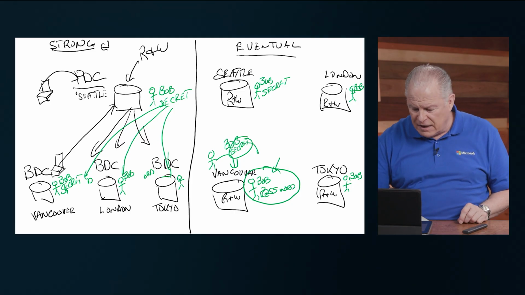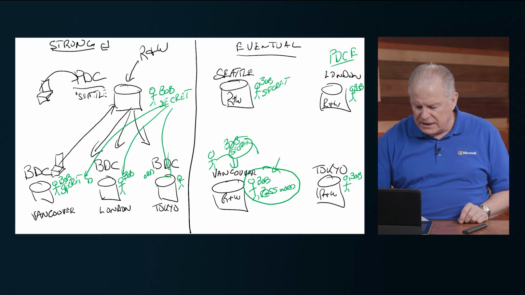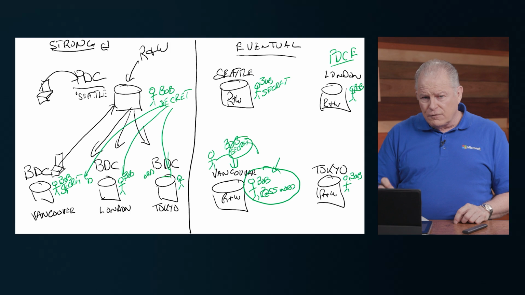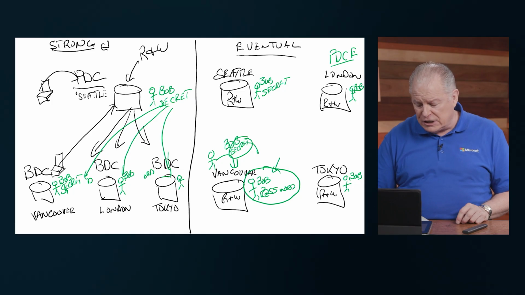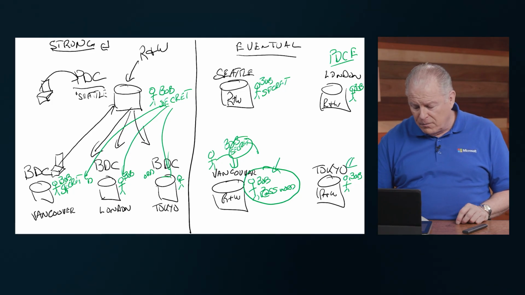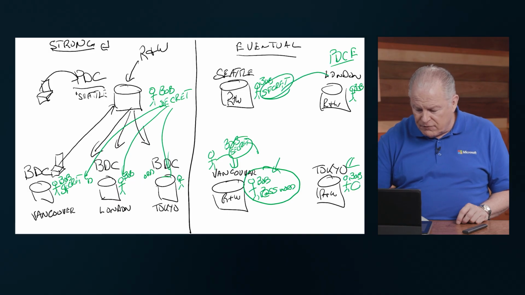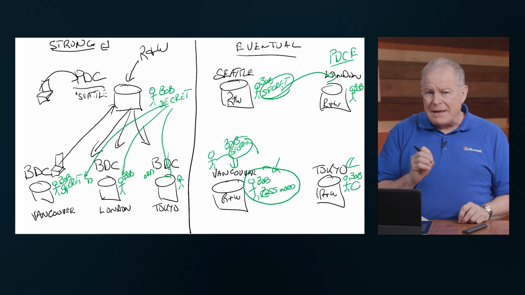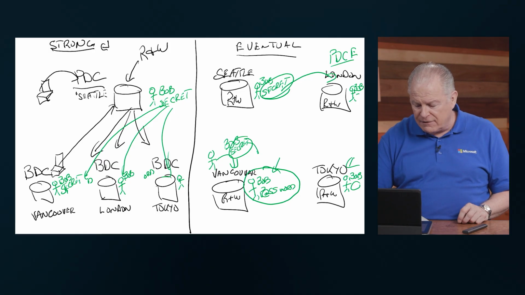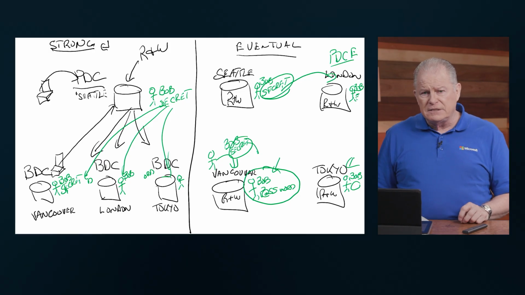And so there's a thing called a PDC emulator, or a PDCE. It is a server in this configuration that gets what's called a preferential replication of any change from any domain controller. If a password change is made on it, it will give a preferential replication to immediately replicate that information to the PDC emulator.